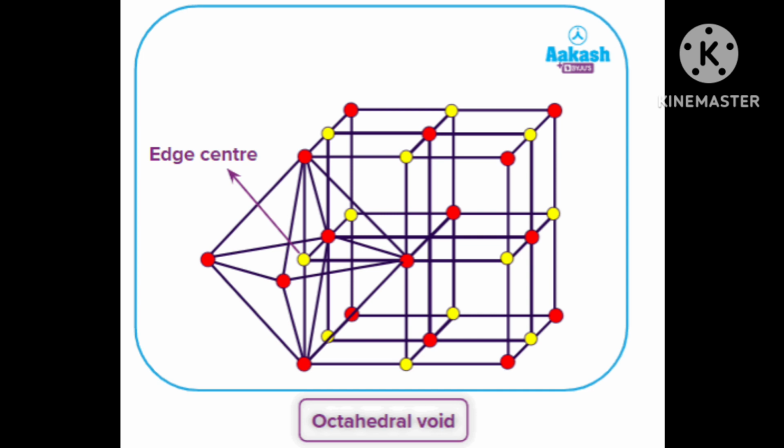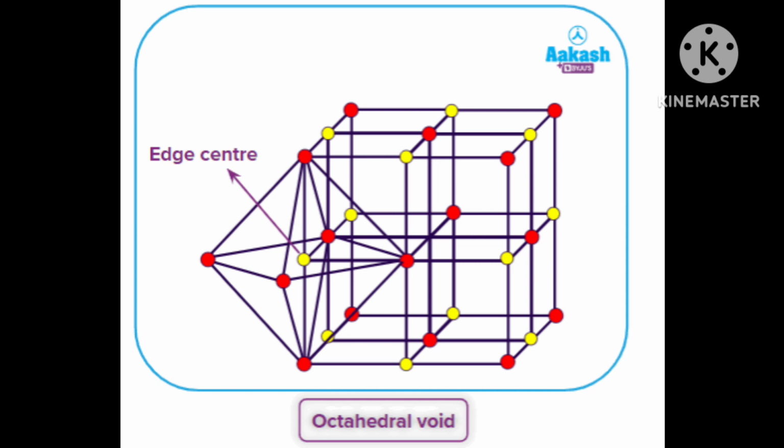So 12 octahedral voids are located at the edges, and each edge is shared between 4 unit cells, as you know.